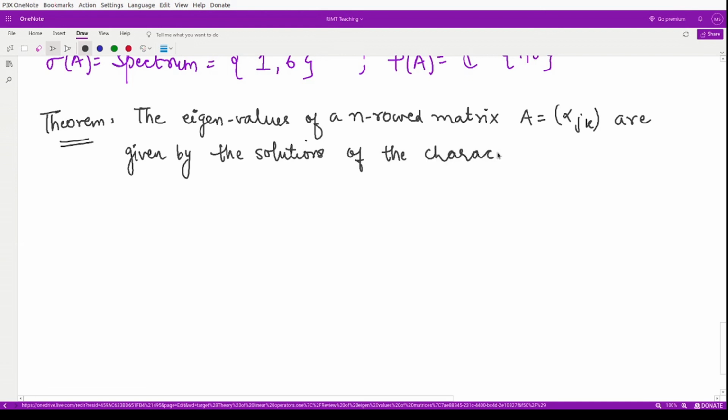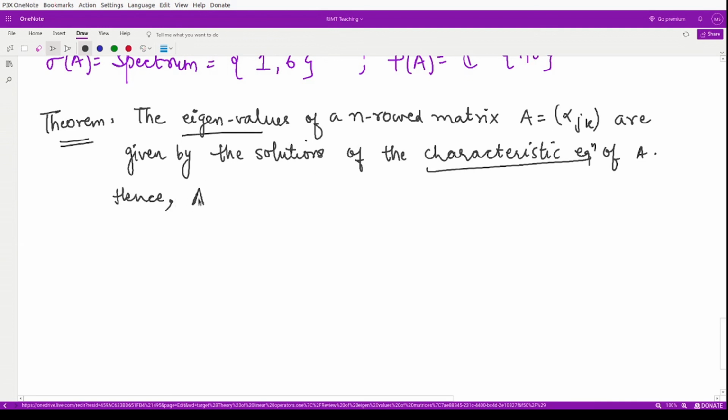Just as we have seen in the previous example of that matrix A. So whatever is the degree of this characteristic equation, accordingly we will have the roots of that equation, and accordingly we will have the eigenvalues for the corresponding matrix A.